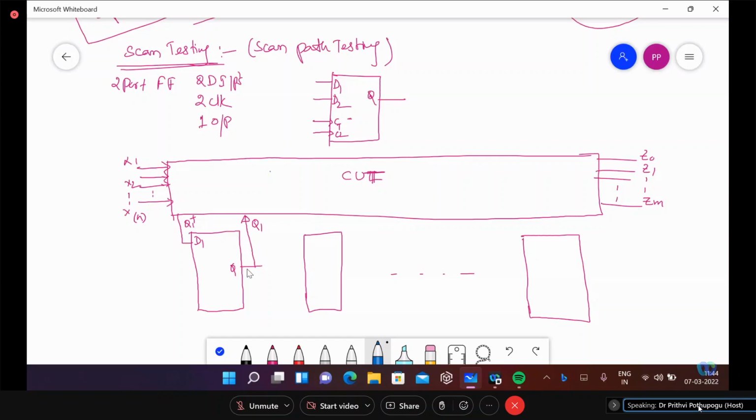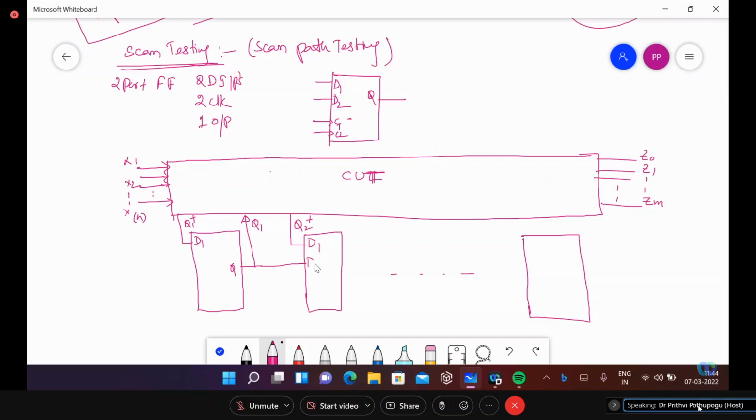In the sequence you want to test, you take this response to the next stage, in such a way that the previous response, that is Q2 plus, will be taken to D1.